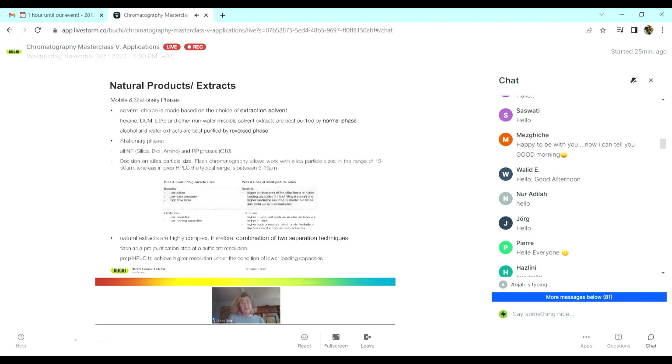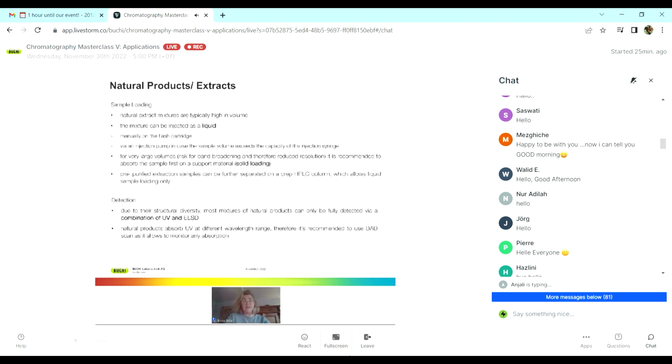Okay, sample loading. Normally natural extracts, mixtures, are high in volume. If you inject this as a liquid, you can either do this manually, or when you have large sample amounts, you would go for an injection pump.